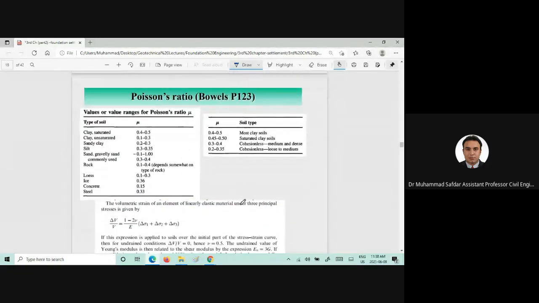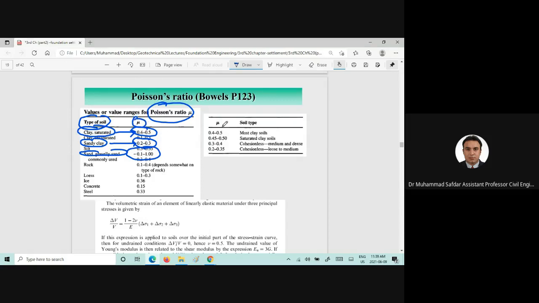Various ranges of Poisson's ratio. For a particular type of soil, like clay, if it's in saturated condition, the Poisson ratio would be in the range of this one. And if we are having a sandy clay, the Poisson ratio would be in this range. For sand, gravel, and sand, it would be in this range.